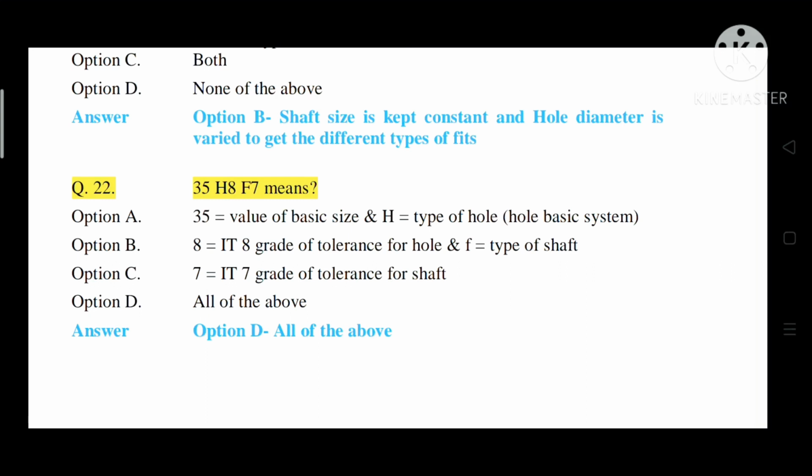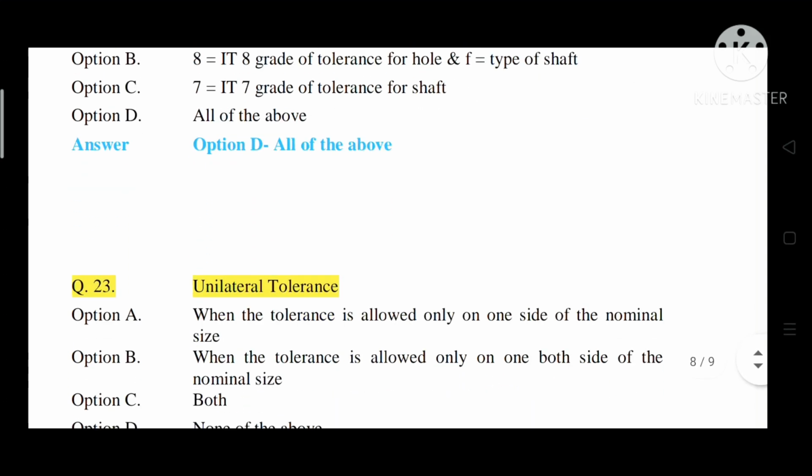Small f, that means type of shaft. Option C, that is 7 is IT7 grade of tolerance for shaft. Option D, all of the above. So correct answer is option D, all of the above. The meaning of 35H8f7 is given in option A, B, C. So option D, all of the above is correct.